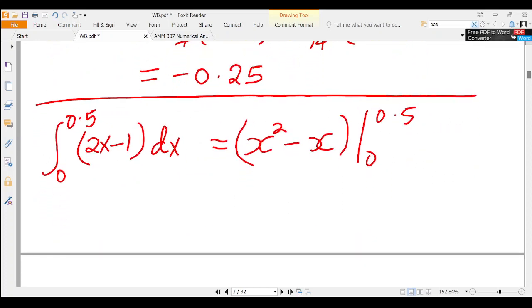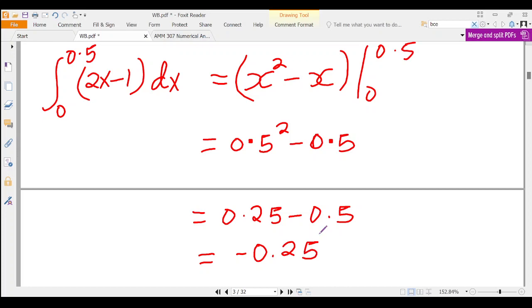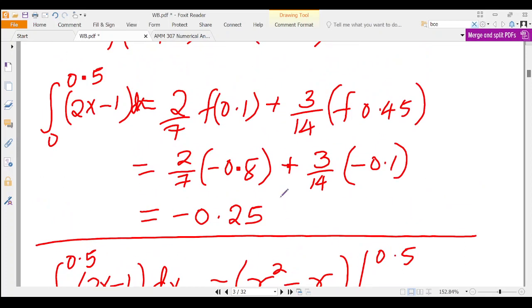So we get 0.5 squared minus 0.5, and this will give us 0.25 minus 0.5, which is negative 0.25. And we say that the value we obtained here is the same as the value we obtained using the other method, the method of undetermined coefficients that we have developed here. So it means that this method can give us the exact results.